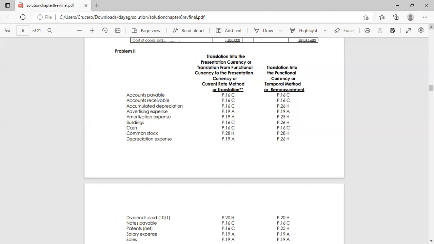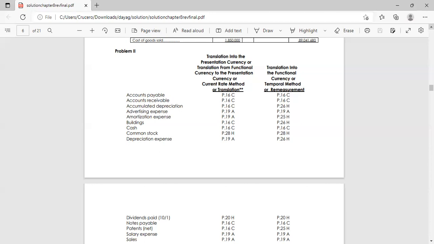Okay, so we have now your problem number 2. We have the current rate method translation into the presentation currency against the temporal or the remeasurement method translation into the functional currency. The following accounts are denominated as of December 31, 2009 in foreign currency units.